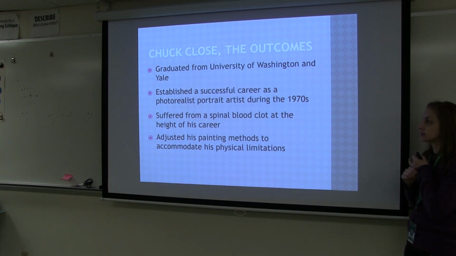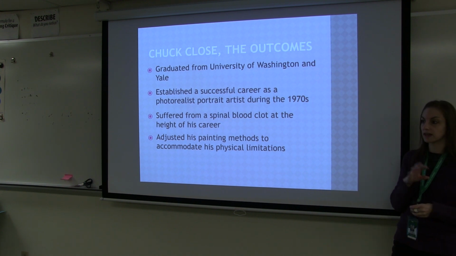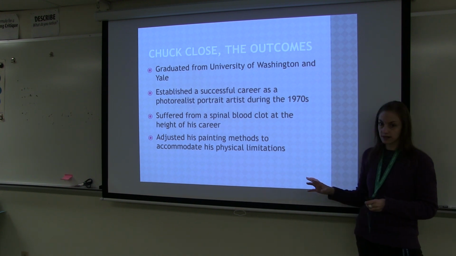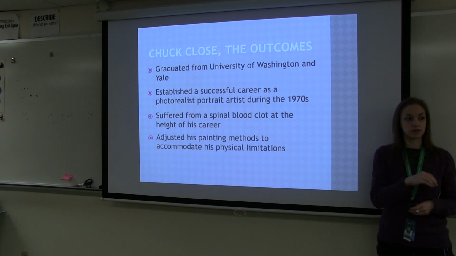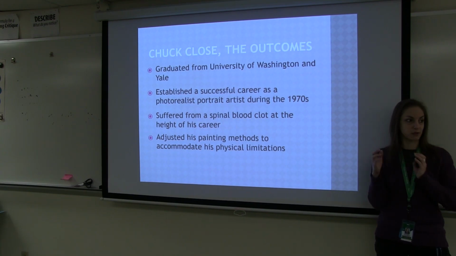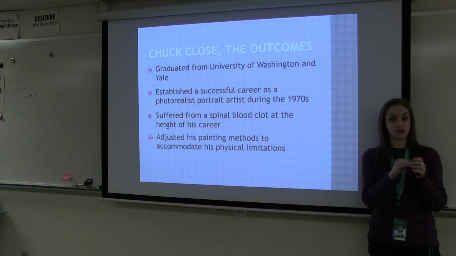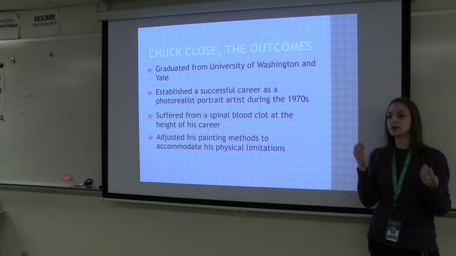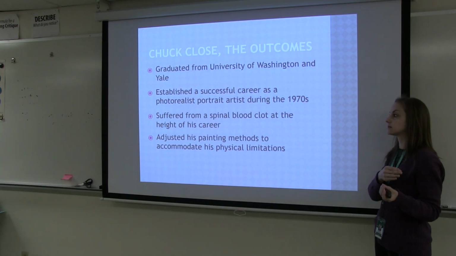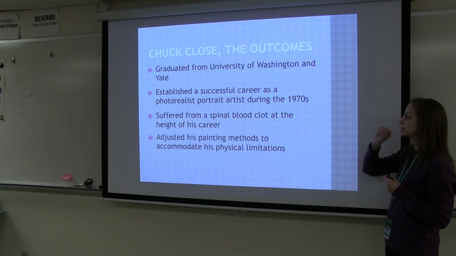He did establish a successful career as a photorealist portrait artist, meaning that he was working from photos, and his intent as an artist was making these portraits look like photos even though they were drawings or paintings, okay? Now, we're not expecting that at a high school level, but the method works to be able to do that, okay? And that was during the 1970s.